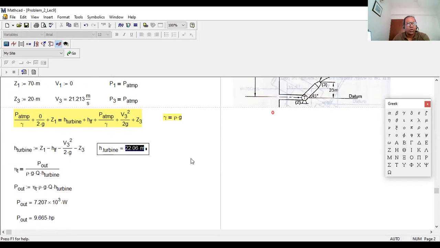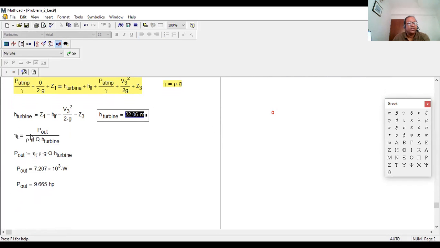Now, what is the formula? Turbine efficiency equals P out by rho g Q H turbine. So you see right over here, P out equals efficiency into this mass flow term. Efficiency equals 0.8, right? H turbine we already figured out.